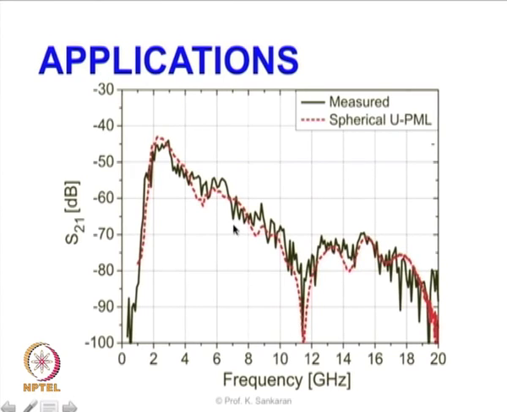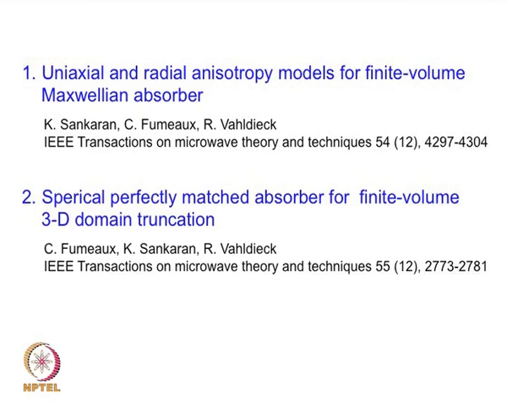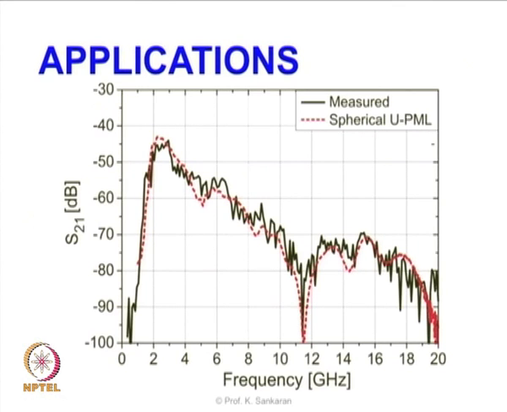This is a great relief because you do not want a big disparity between the measurement and the computed value. It is one of the biggest advantages of the spherical uniaxial PML which we have done, and one of the very good results which matches the measurement. Not only that, it is able to capture those dips, the local zeros we are interested in, very accurately.